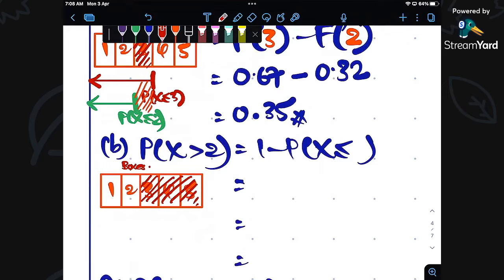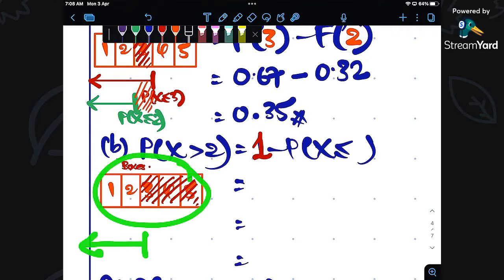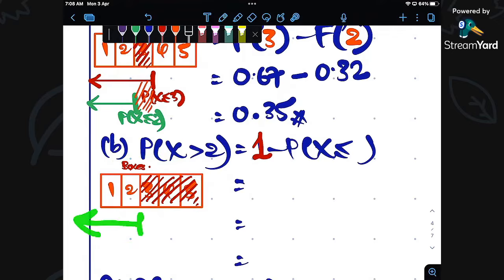And so the easier way is to use 1, exactly 1, which is the total probability, minus the 2 to the left, the 2 in front, subtract. Okay, 1 probability, the whole probability, which is everything, minus the 2 to the front, you will get the rest of them, which is 3, 4, 5.